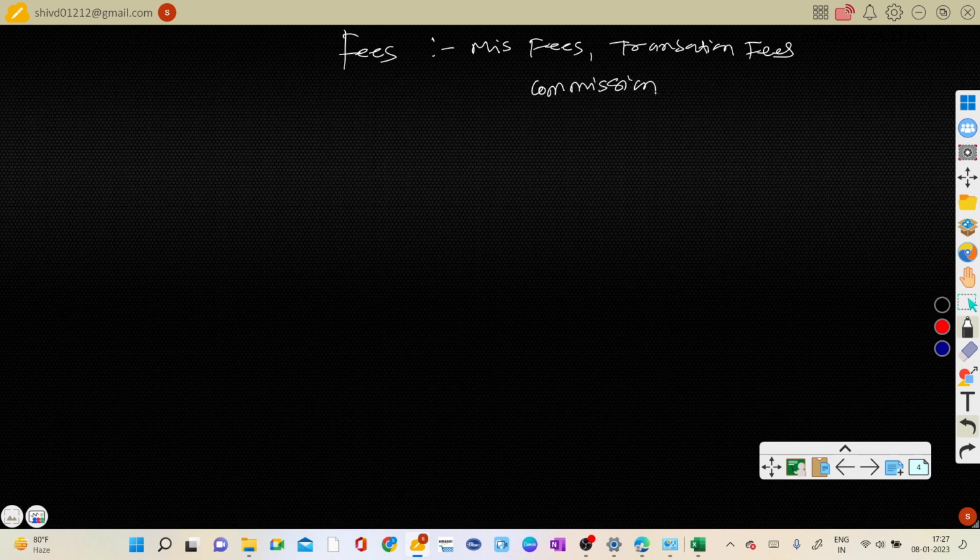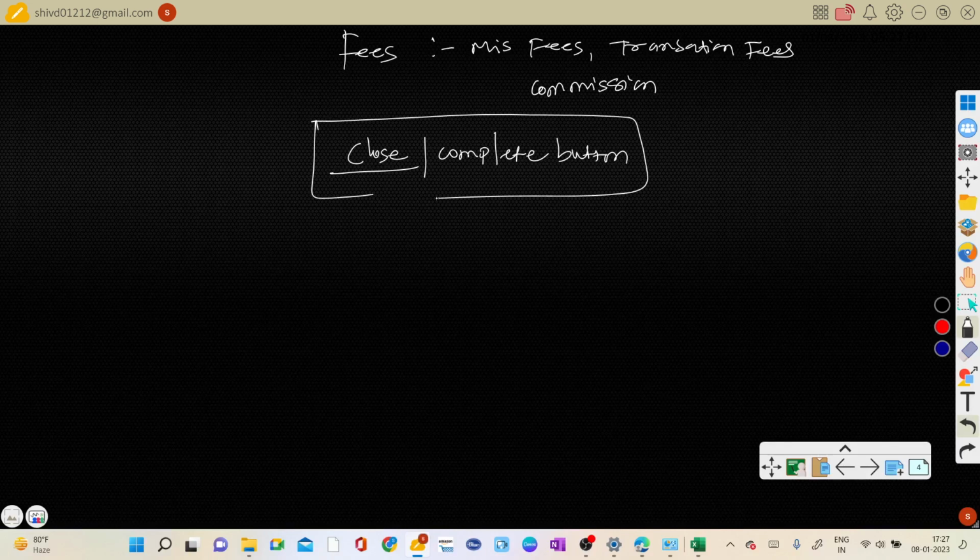Just update it and click on the close button or complete button. Your job is done. So the challenge would be, what if the ISIN is missing? You have received the data, but the ISIN is missing.